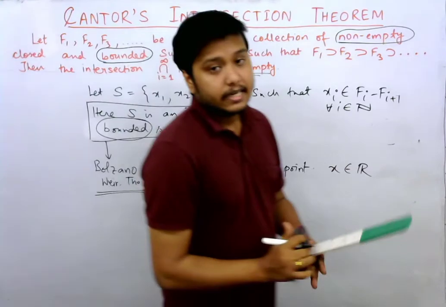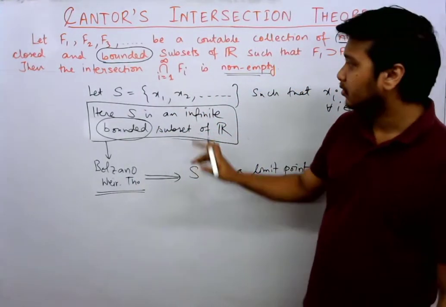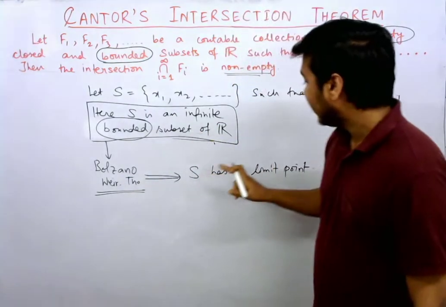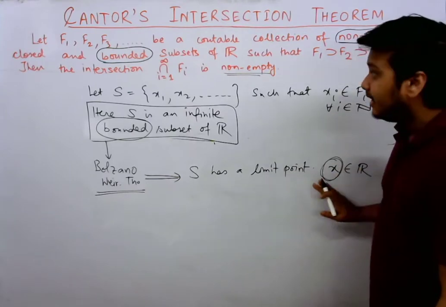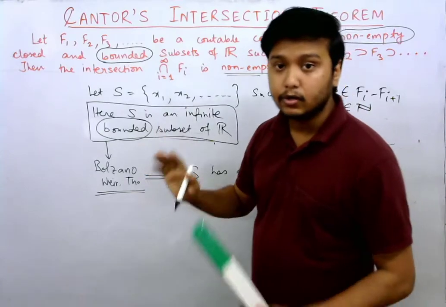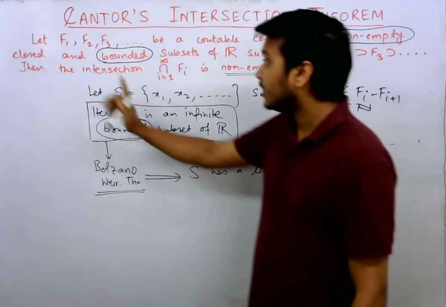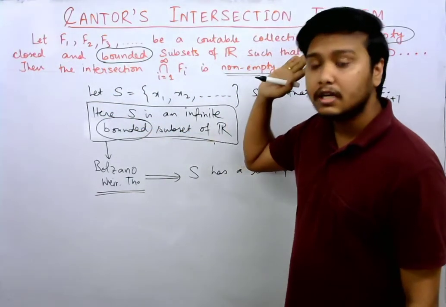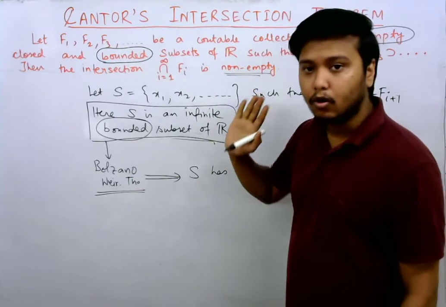Now the moment we have established the existence of a limit point of this S set, we are going to claim that this X element is going to be the limit point of all these sets. We are going to establish that X is going to be the limit point of F1, F2, F3 and so on, all the countable number of infinite sets. It's going to be a limit point of all of them.